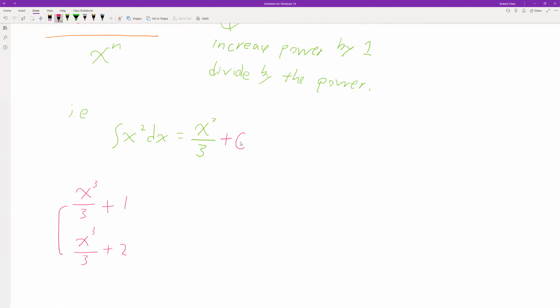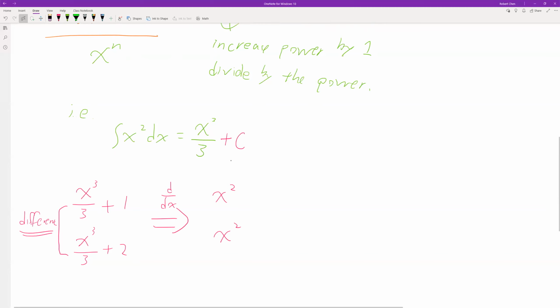Now these two functions are very different. But when we take the derivative of them, what do we have? Bring down the power, decrease the power by 1, we get x squared. And for the second one, bring down the power, decrease the power by 1, we also get x squared. Notice that the plus 1 and the plus 2 are gone, because the derivative of any constant is 0.